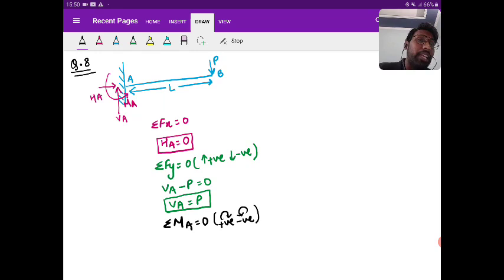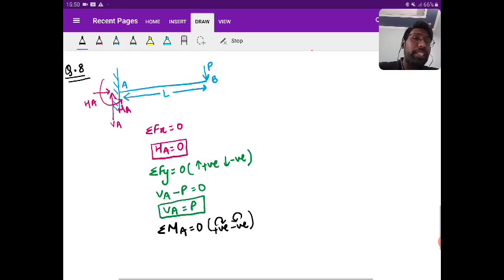So what type of moment is P creating? See here, P is acting downward and the lever arm is from B to A. I need to move from force to lever arm. So is this clockwise or anti-clockwise? Clockwise.